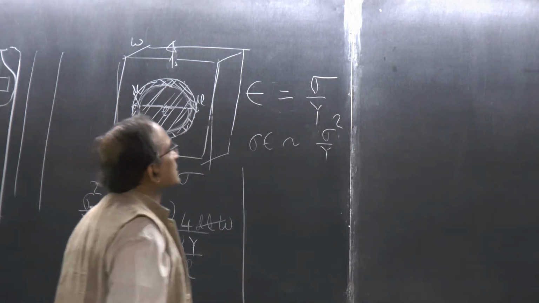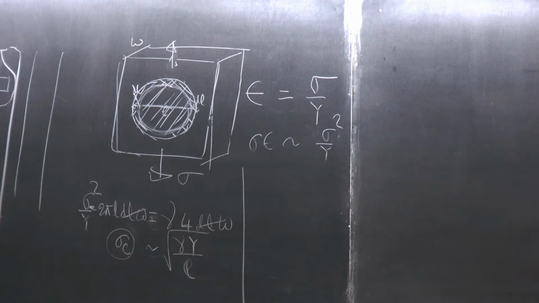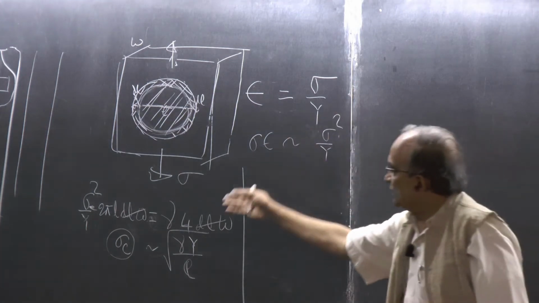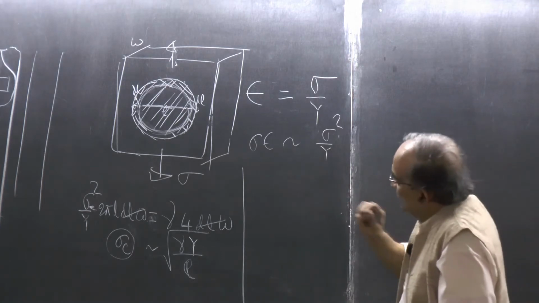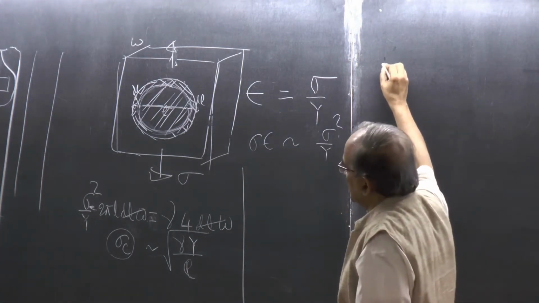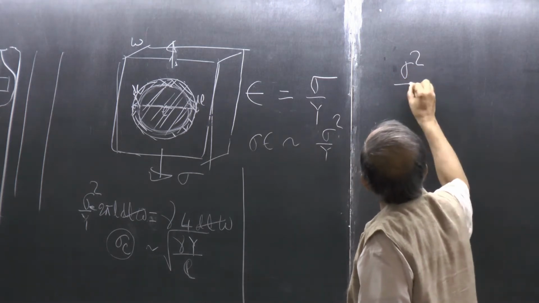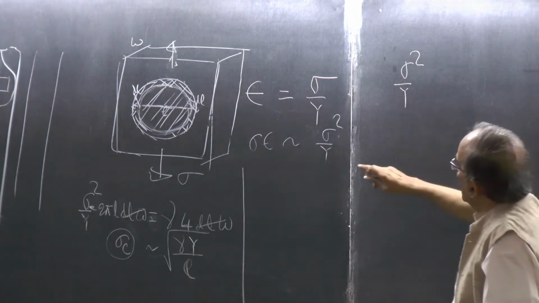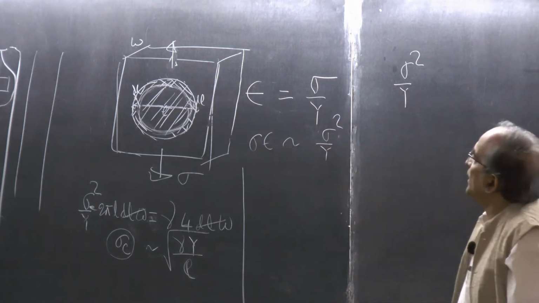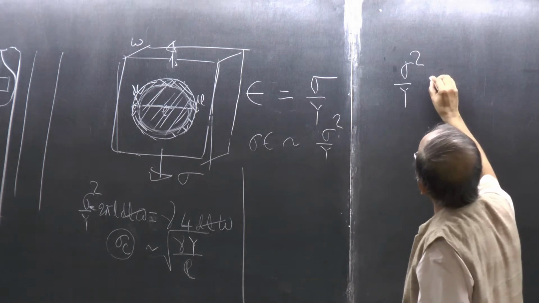Okay, these were checked in various things, and it was very interesting that just a simple nucleation calculation could give you this. So generally what happens is that I will generalize. In a sense, I have sigma square by Y, which is the density of elastic energy density, because stress times strain.